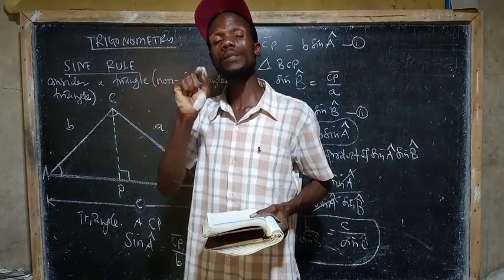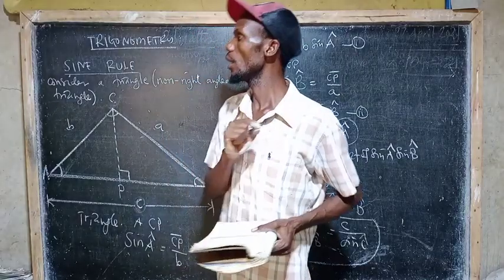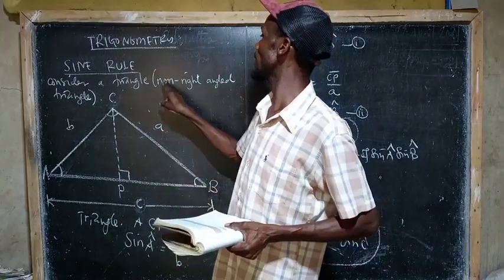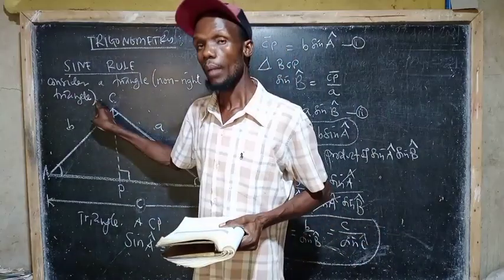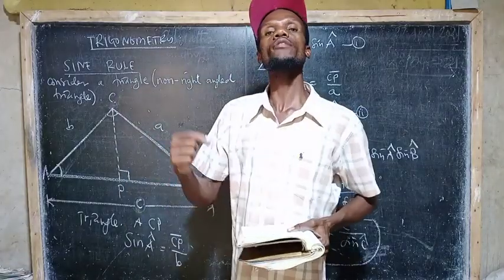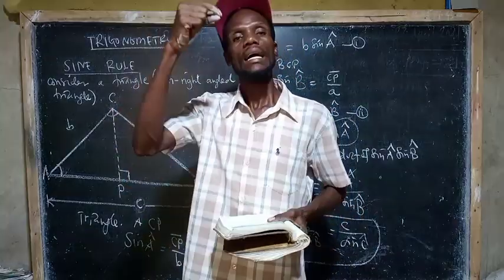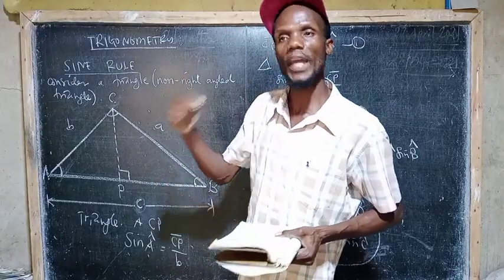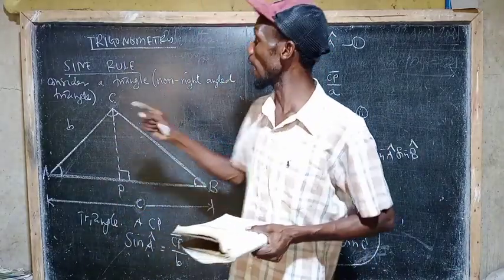And remember the most important case that I've said before. This sine rule can be used only if we are talking about a non-right angled triangle. Because if you are talking about a right angled triangle, you have to refer back to the principle that we discussed about trigonometric ratios when we were explaining the right angled triangle.